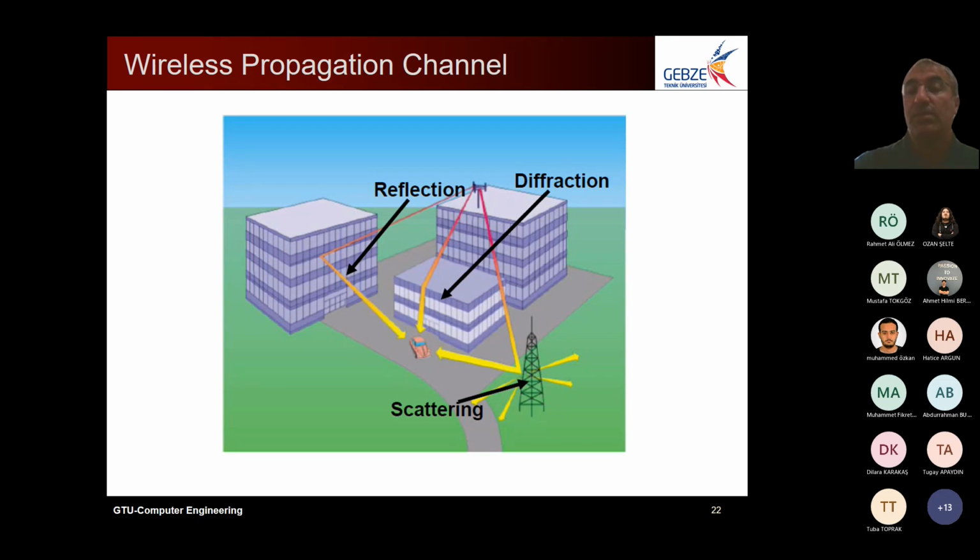So the copy of the same signal goes through these different paths and arrives at the receiver mobile device with different delays. And these paths can constructively add up or destructively cancel each other, which is going to lead to the fading.